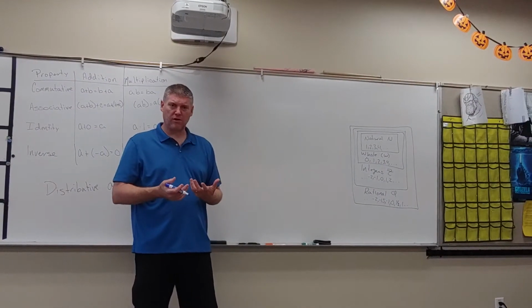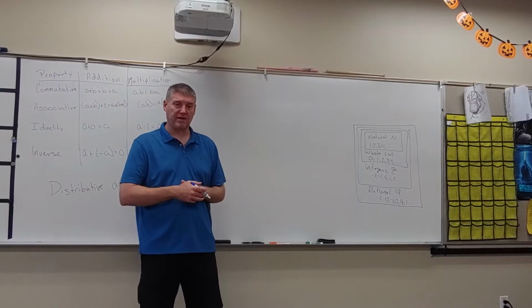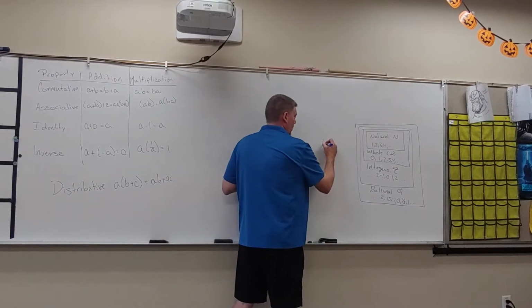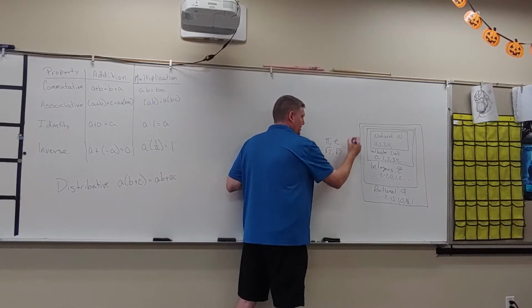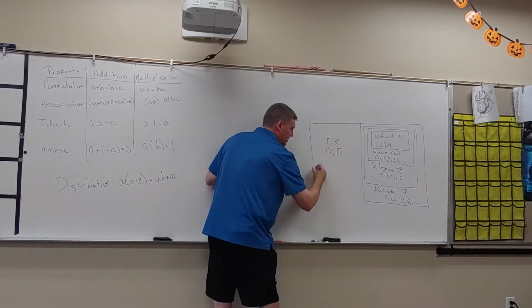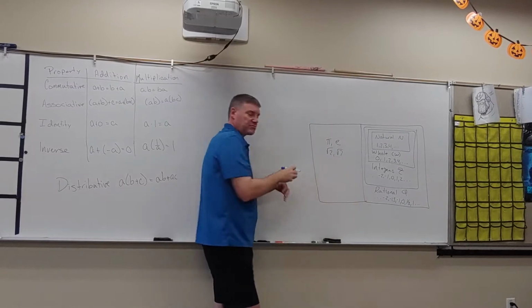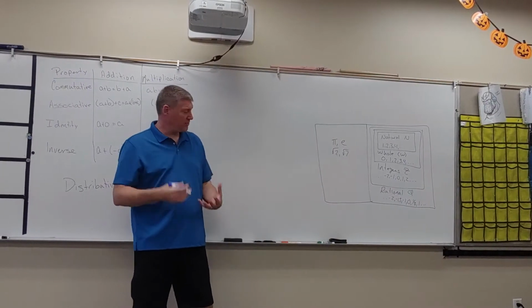Now, what about all those numbers that don't terminate or repeat, like pi? Pi, e, the square root of 2, the square root of 7: these numbers have decimals that do not repeat and do not end.